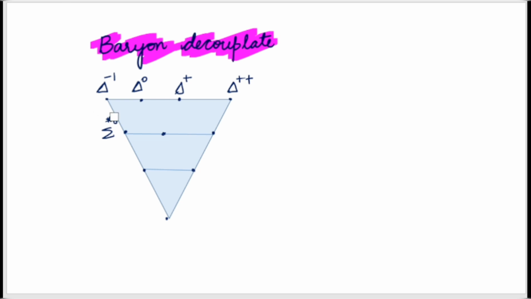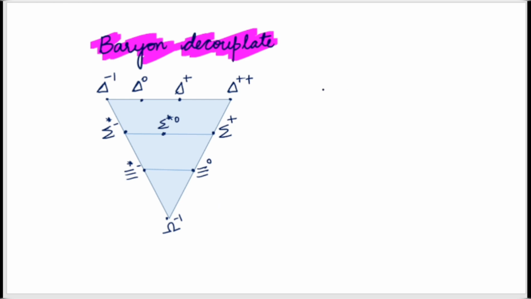It is sigma star negative, and here it is sigma star 0, and here it is sigma star positive, and here we have cascade star negative, and here cascade star 0, and finally we have omega to the power of minus 1. This is the structure of a baryon decuplet.